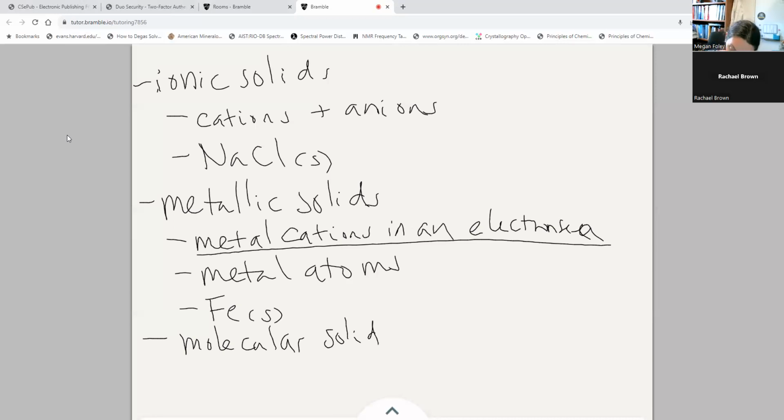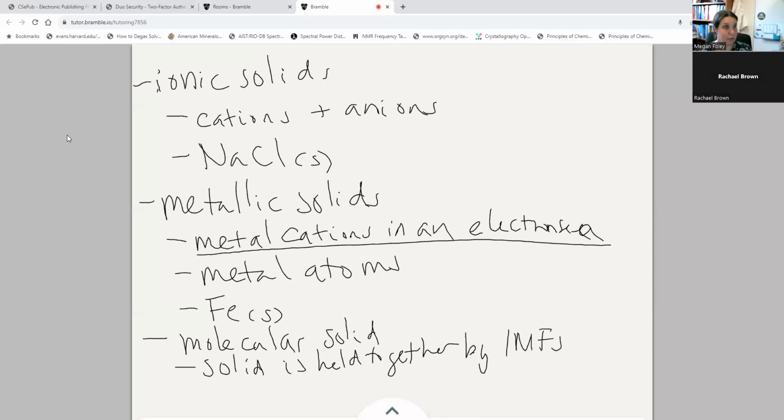So with these, the atoms of the molecule are held together by covalent bonds, but the molecular solid itself is held together by intermolecular forces. So what we were talking about in this first module.